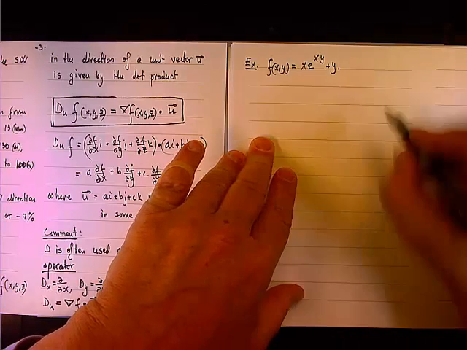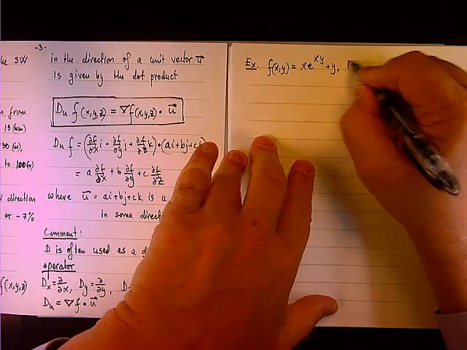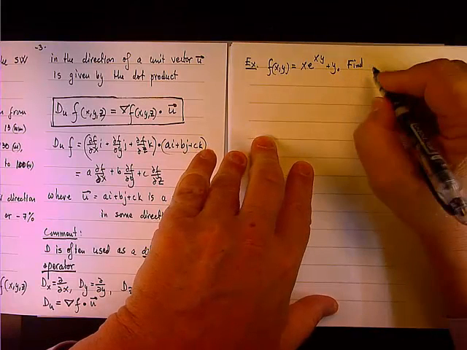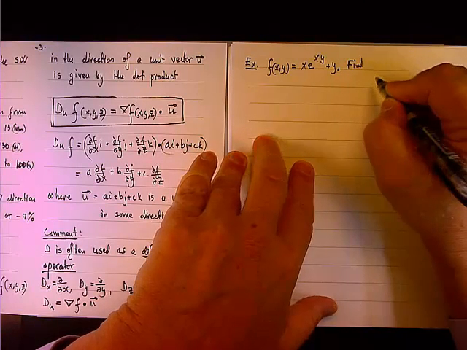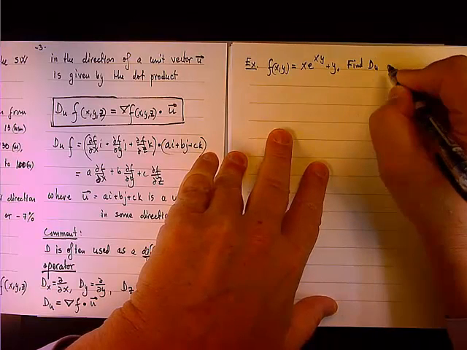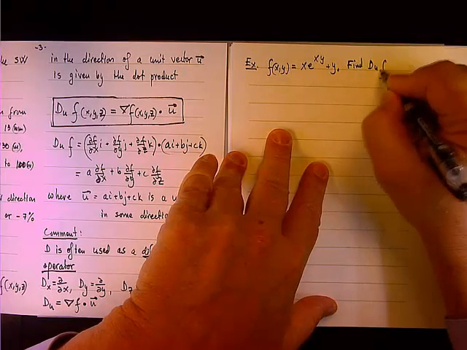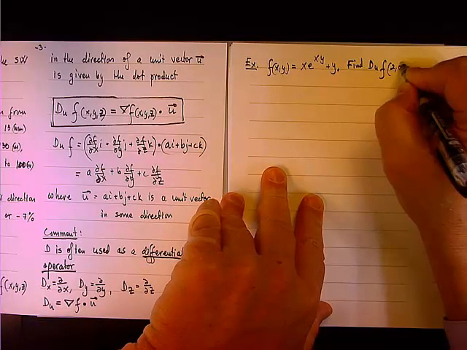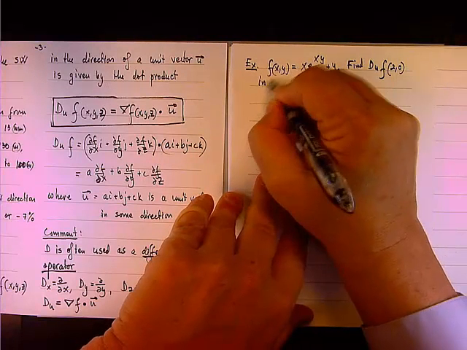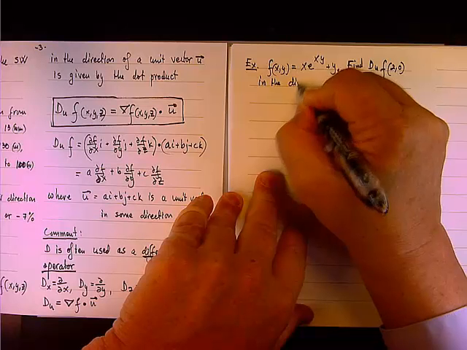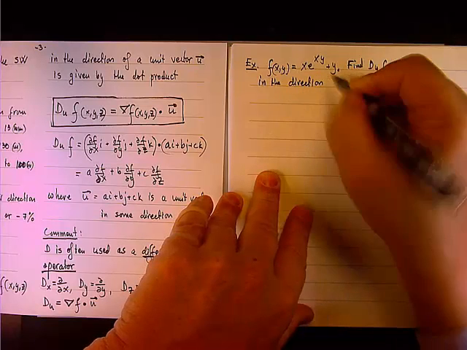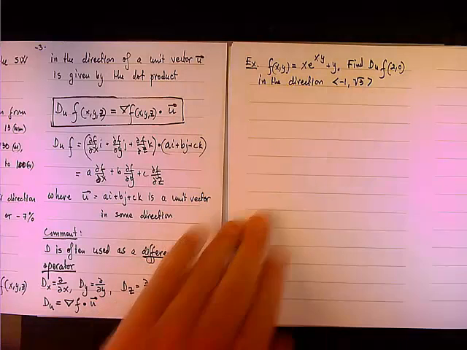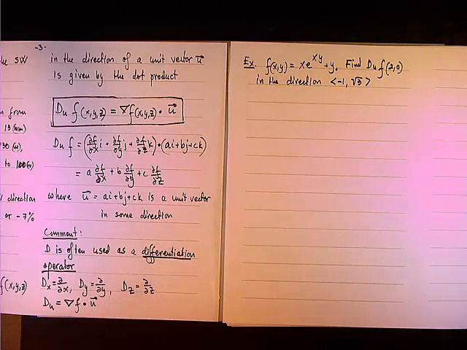Okay, this is given, and what we are required to do is find the directional derivative D_u at f for the specific point where x equals 2 and y equals 0 in the direction negative 1 and square root of 3.